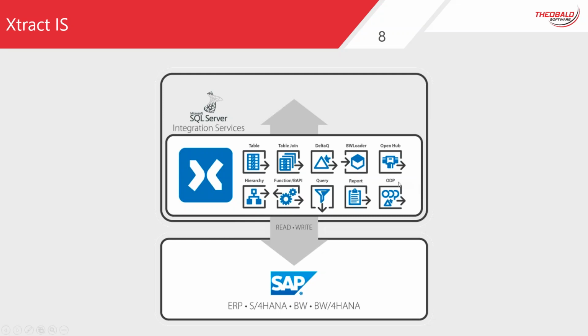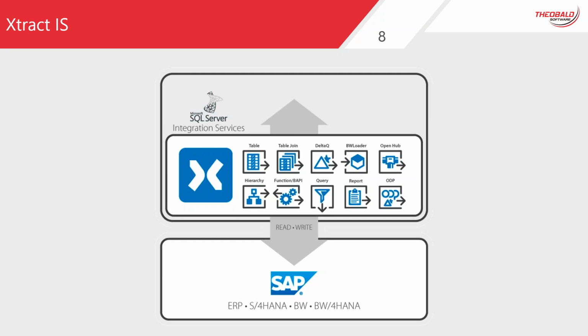For that, we offer the cube component. Then we have a component to extract hierarchies. For example, you can extract data from Open Hub and so forth.